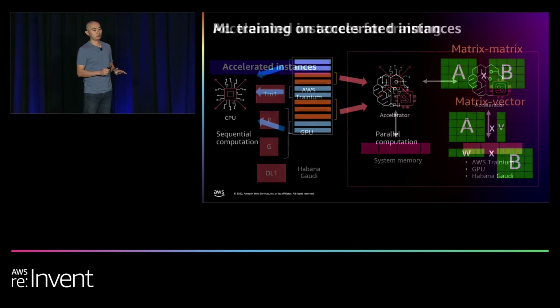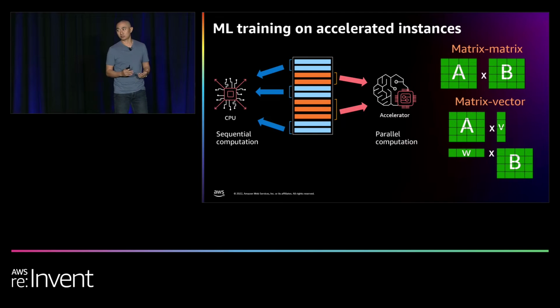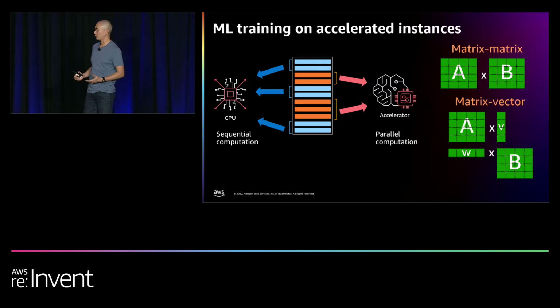CPUs are very good at sequential computation, and as Samir said, with the recent development of SIMD instruction sets, they're also getting very good at vectorized compute. On the other hand, accelerators are very good at parallel operations, especially matrix-to-matrix and matrix-to-vector multiplication and accumulation.